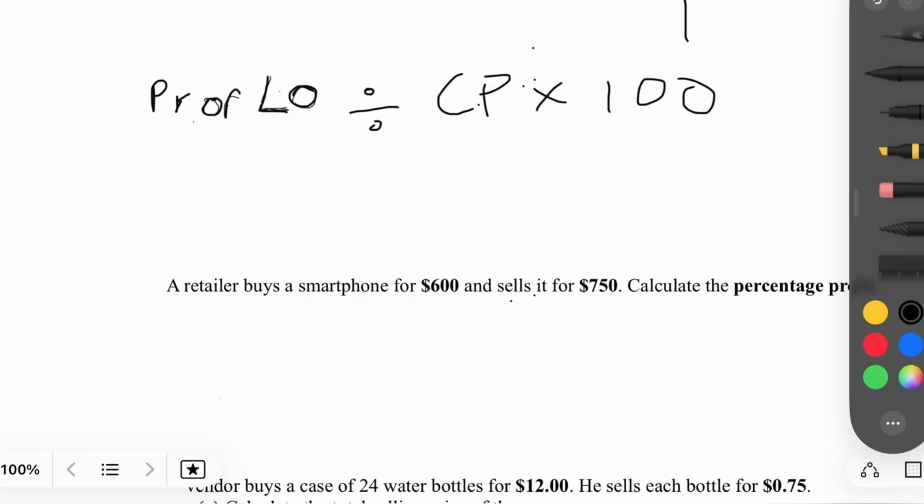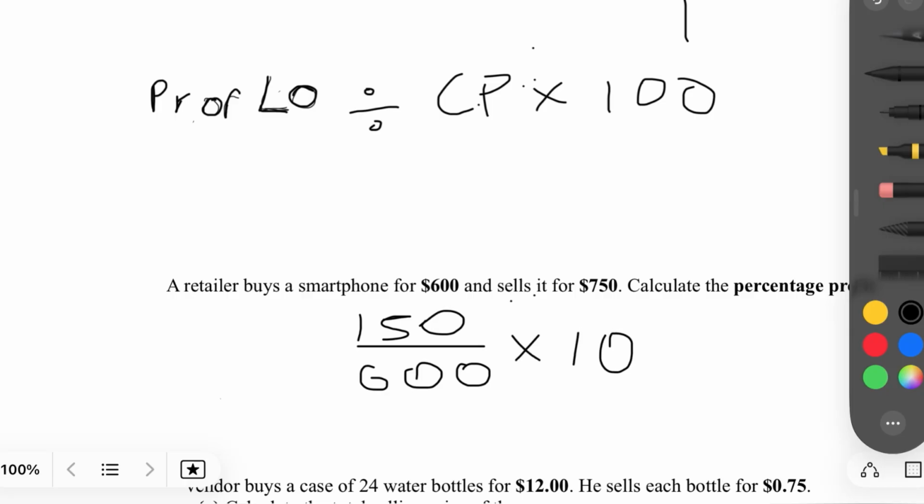So now we would put 150 over the cost price, which is 600. And then we would multiply that by 100.